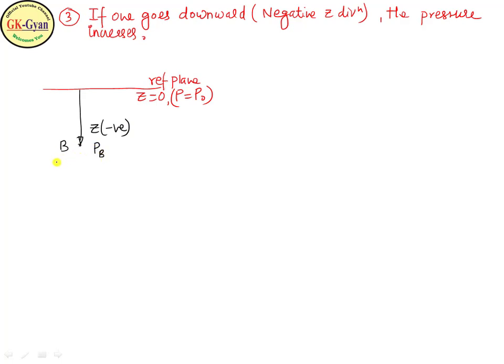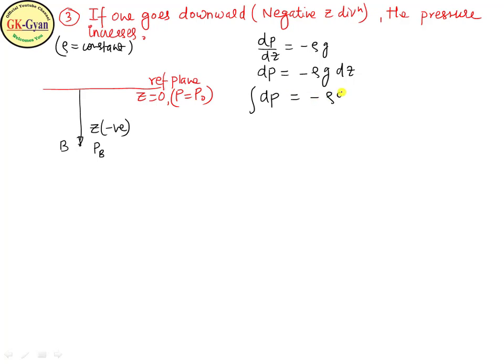Here also rho is constant, incompressible fluid. So we know dP by dz is equal to minus rho g. Now change the variable: dP equals minus rho g into dz. Now integrate on both sides: integral dP equals minus rho g integral dz.